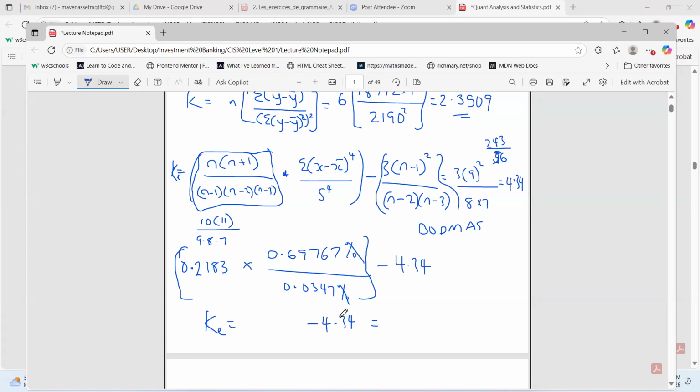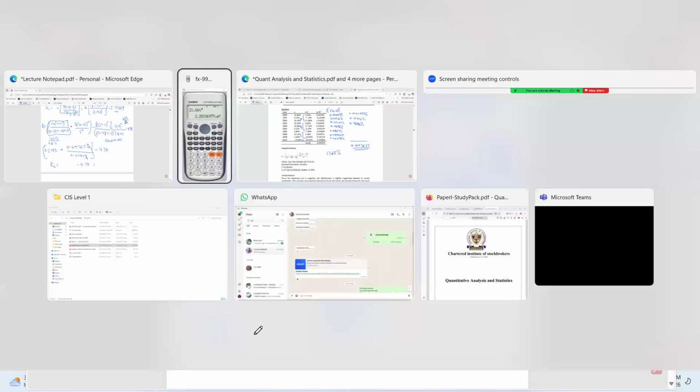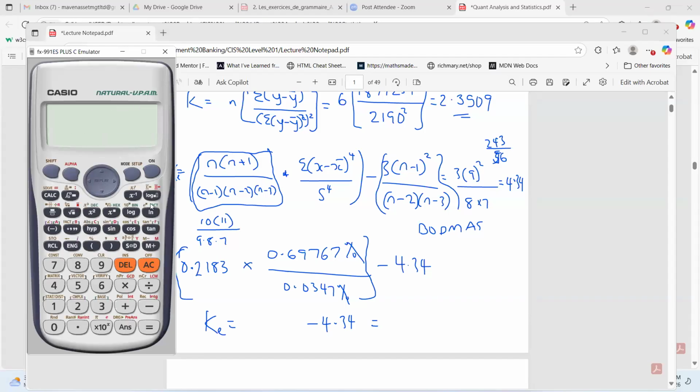I have 0.049. Is that what others got? 0.049. Correct, 0.049. Are you sure? Hope you can see my calculator.